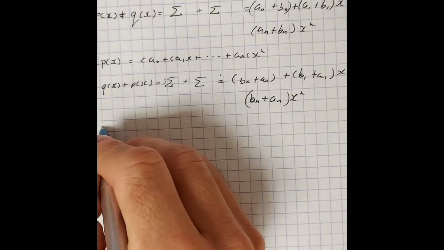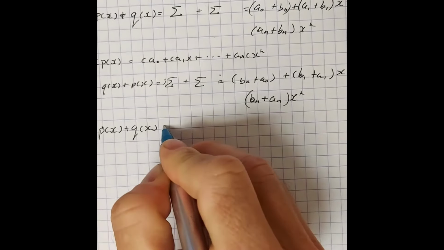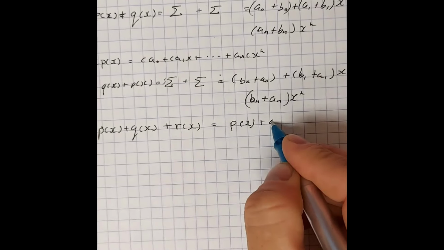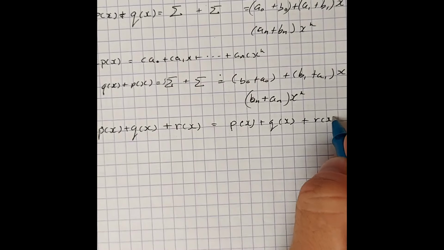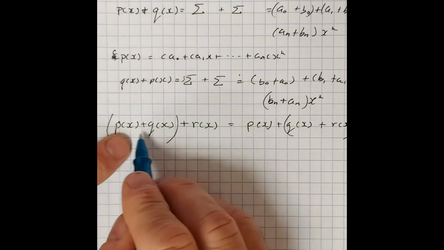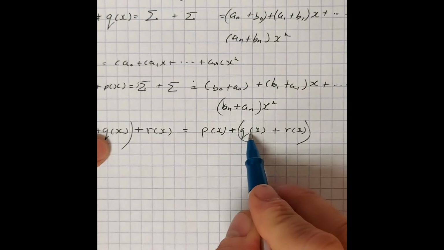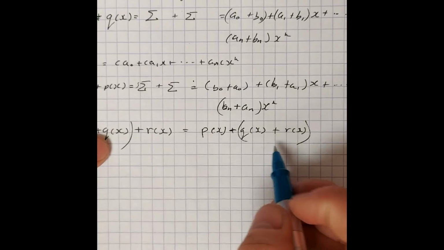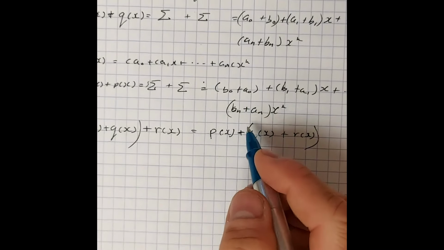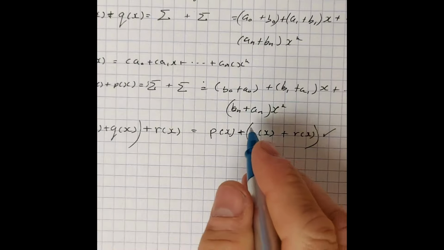For part D, we look at p of x plus q of x plus some other polynomial r of x, and ask whether it equals p of x plus q of x plus r of x with the grouping changed. That is, whether we add the first two polynomials and then add r of x, or add q of x and r of x first and then add p of x, we arrive at the same polynomial. Again, this is inherited from the field, so associativity holds as well.